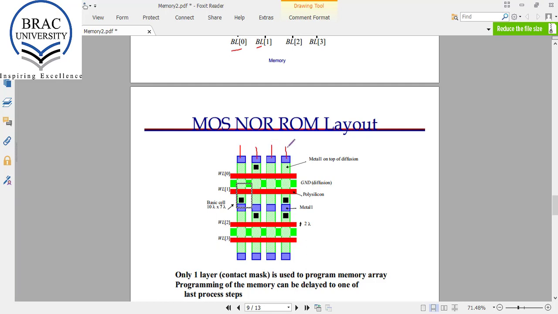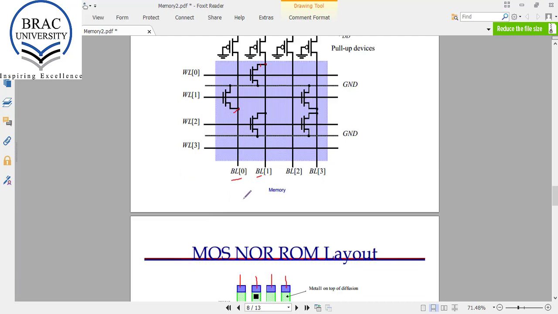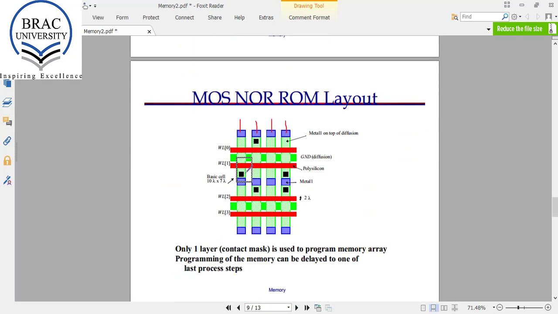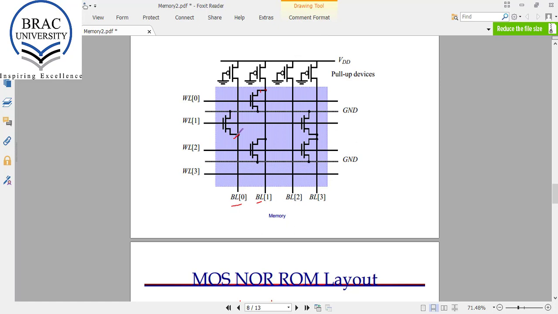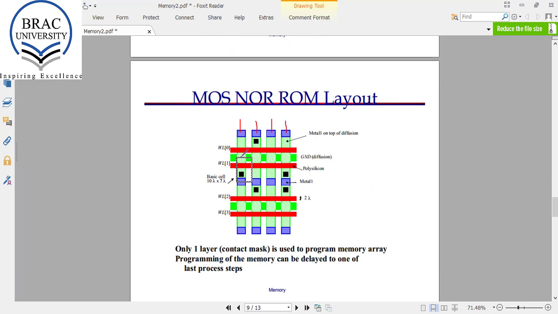If I want to connect this MOSFET drain with BL0, then I just put a metal contact here, which connects the drain of this FET with this metal line. So this is how we can program this NOR ROM.